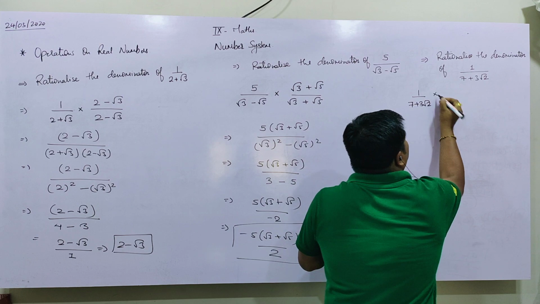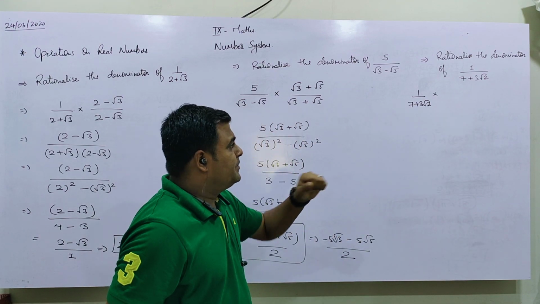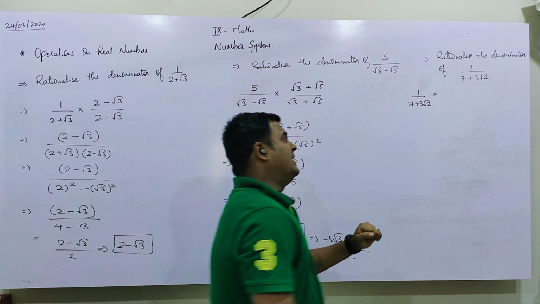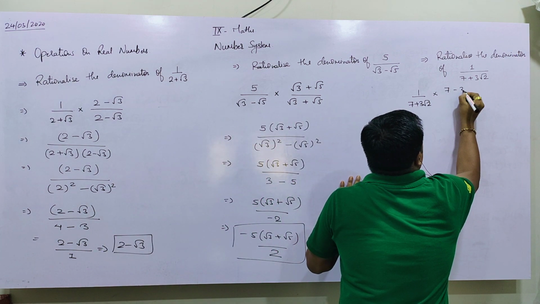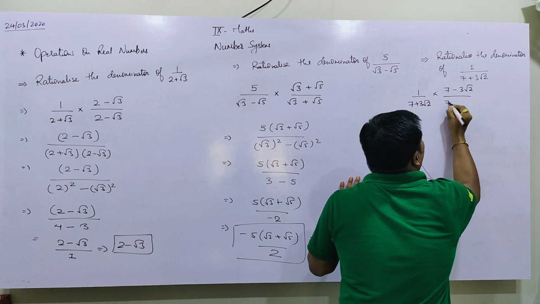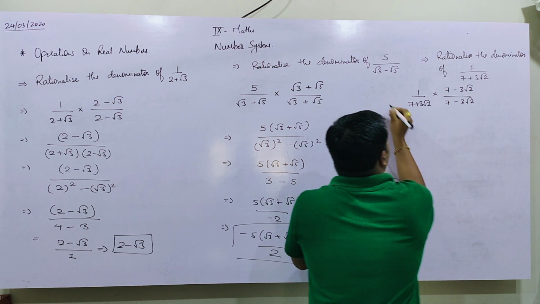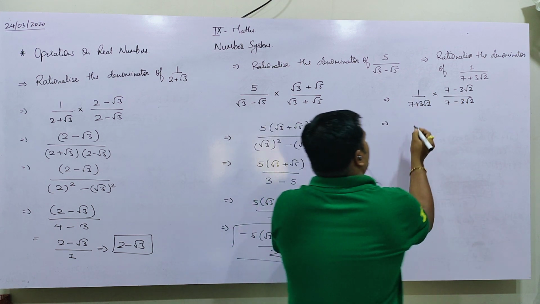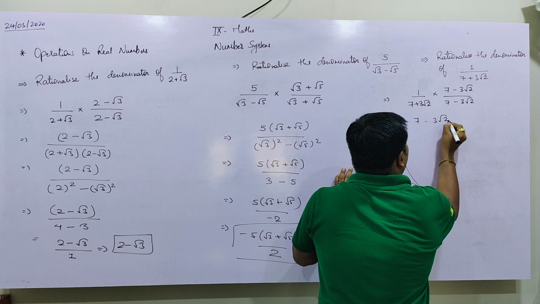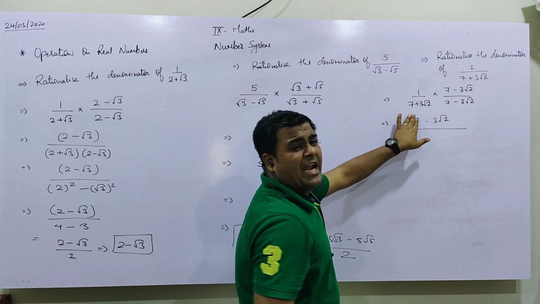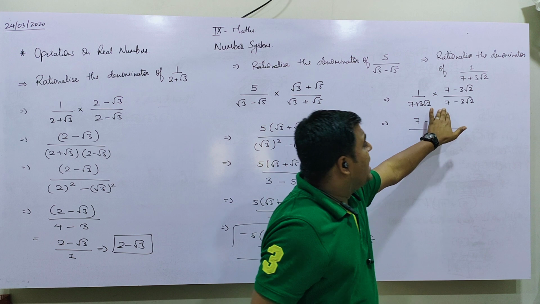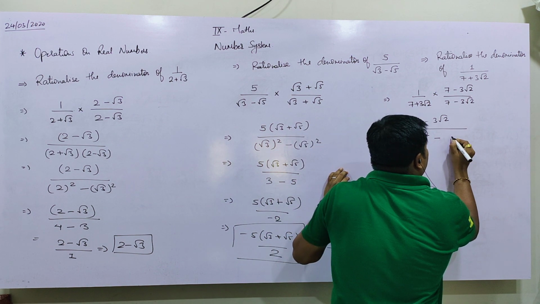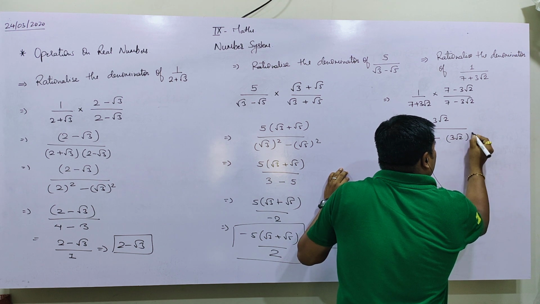Again we will multiply its numerator and denominator with the denominator having the opposite sign, 7 minus 3 root 2 upon 7 minus 3 root 2. 1 into 7 minus 3 root 2 gives 7 minus 3 root 2 upon, again we have a plus b, a minus b, which gives us a whole square minus b whole square.